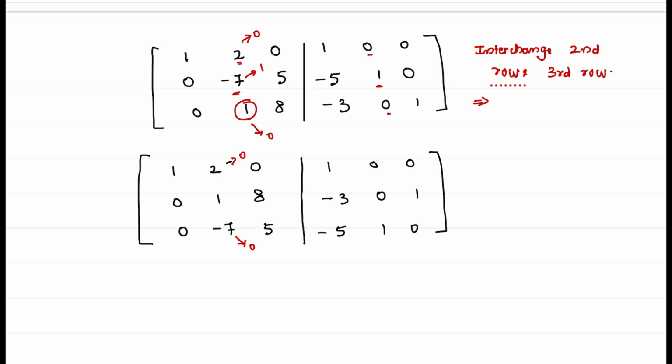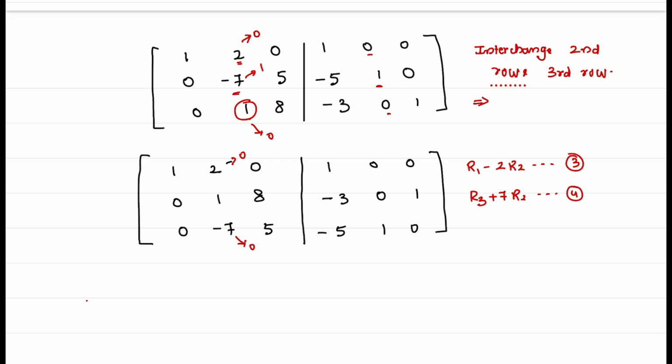Do you agree? R1 minus 2R2. This is my first operation. That means I have already taken 1 and 2 there. This is third. Then here I have to add minus 7 plus 7. That means R3 plus 7R2. That gives me 0. You see how simple it is becoming.